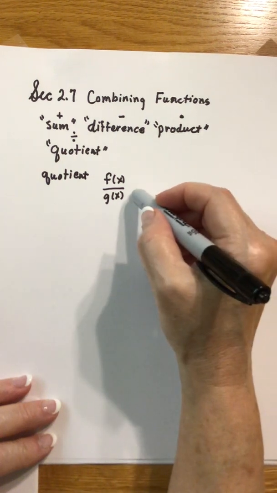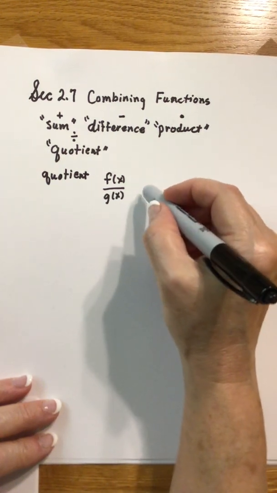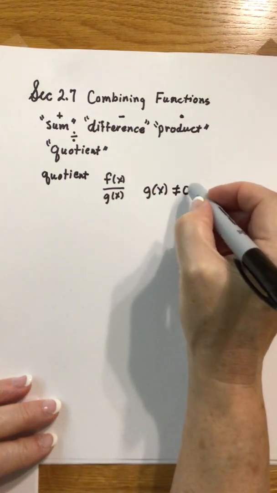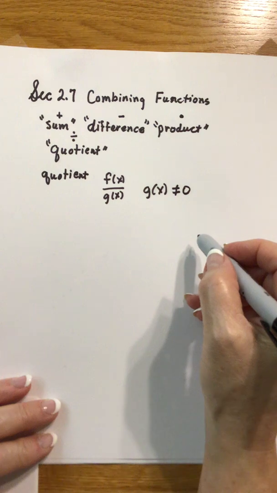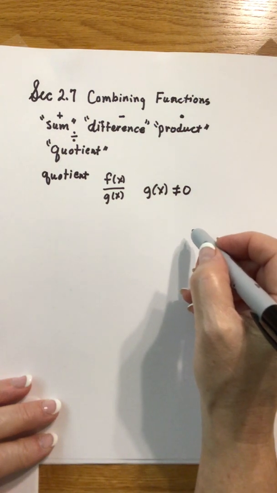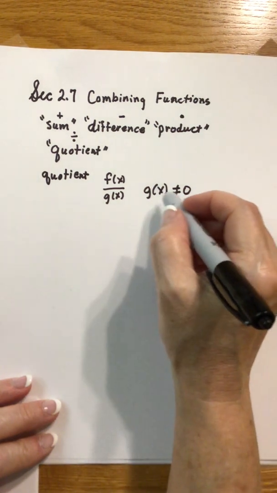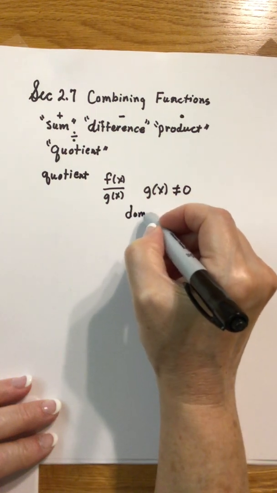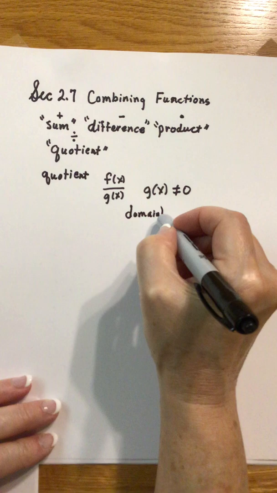So what do we know about every fraction? The denominator, g of x in this case, cannot equal 0. Because we learned that previously, denominator cannot equal 0, that's going to help us define the domain. And we're going to do that with an example here in just a minute.